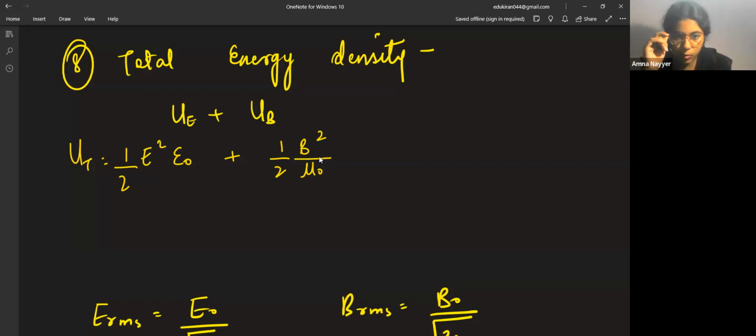Now see, when we are using the term E square, B square, what is meant by this? We have studied ERMS also, we have studied E naught also. So what exactly is it? This is actually the RMS value.